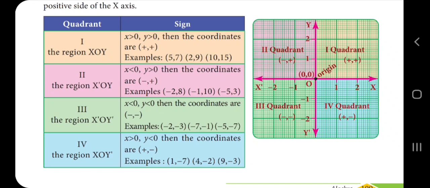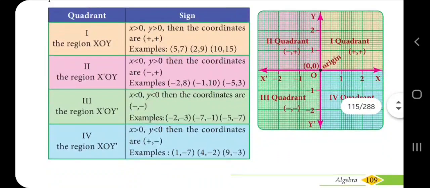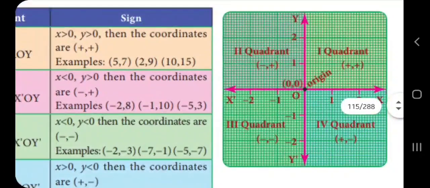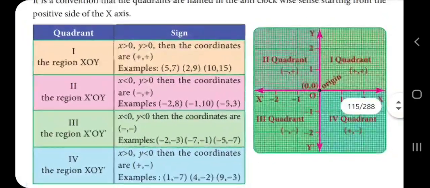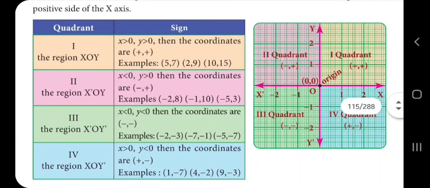The region X, O, Y, where O is the origin, is the first quadrant. In the first quadrant the signs are plus, plus, both positive, like (2, 2). In the second quadrant, the x value is negative and the y value is positive, so (-2, 2) is in the second quadrant.